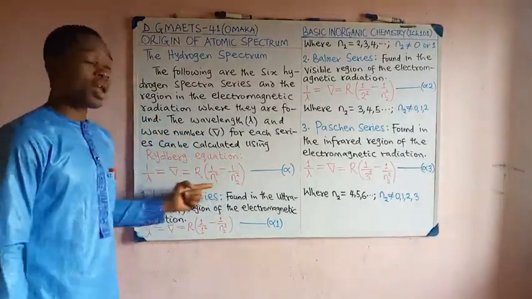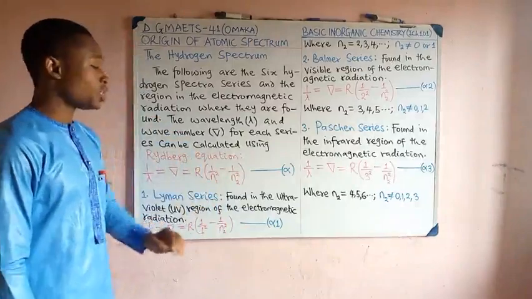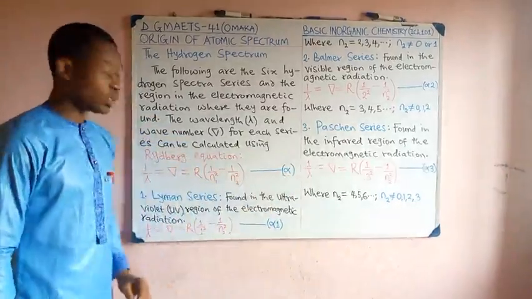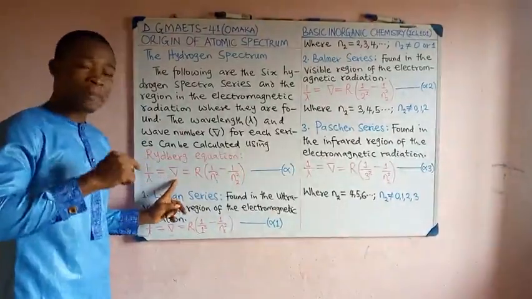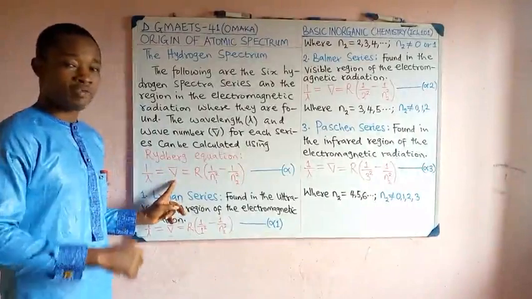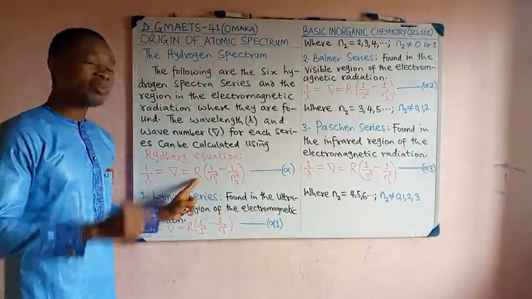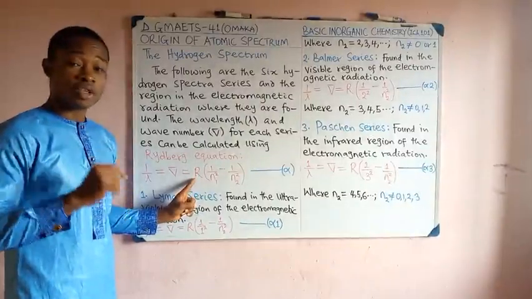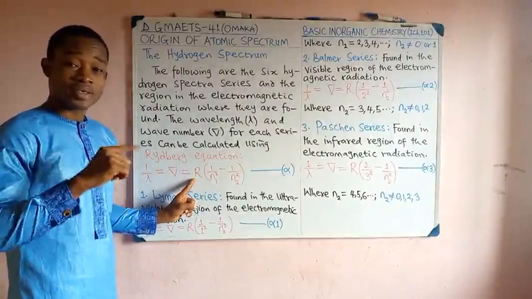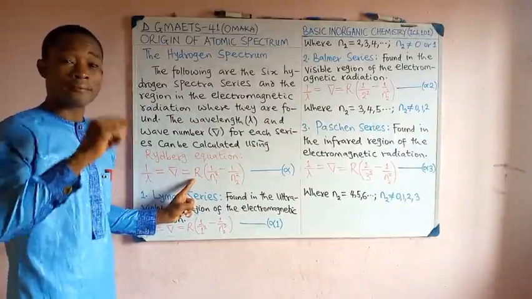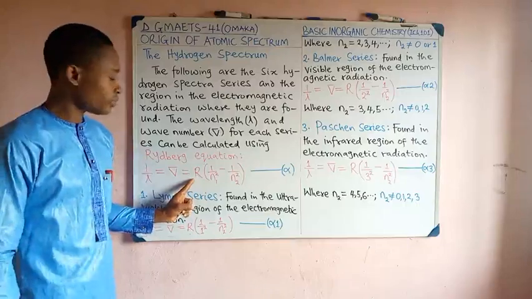And this is the generalized Rydberg equation, which I've called equation alpha. 1 over the wavelength is equal to the wave number, V bar, and it's equal to Rydberg constant, whose value we already know, 1.0974 times 10 raised to the power minus 7 per meter.